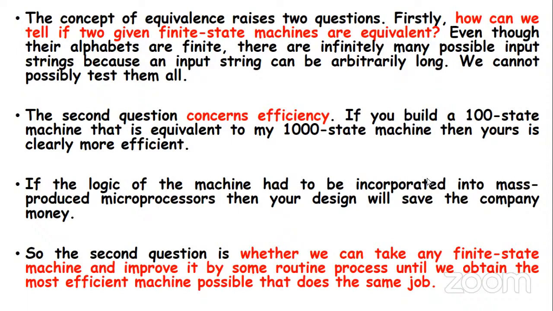So though nodes at times may constitute redundancy, they cannot be wished away in any form of construction. So we assume that yours is clearly more efficient. If the logic of the machine had to be incorporated into mass production of microprocessors, then your design will save the company more money. That may not be true all the time.